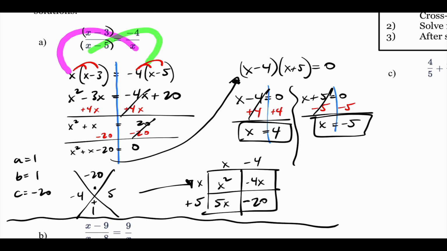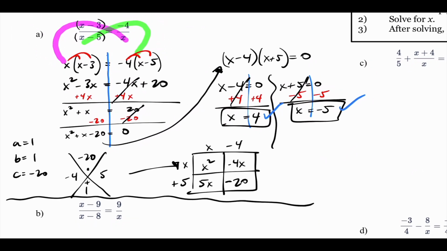We're okay. Negative 5. If I were to plug in negative 5 up here, what's negative 5 minus 5? Negative 10, yeah, not 0, so that's okay. And negative 5 would just be itself. So both of these answers are okay. So in Delta Math, 2 boxes, hit enter twice, you are done.